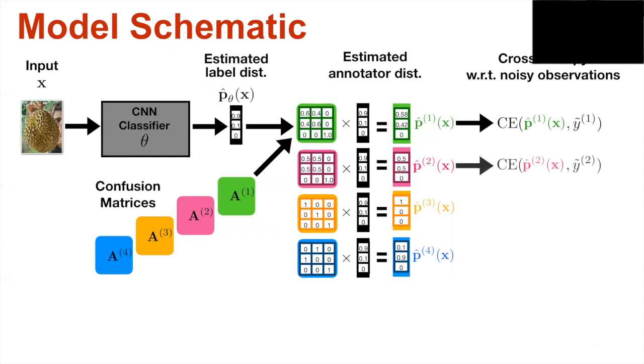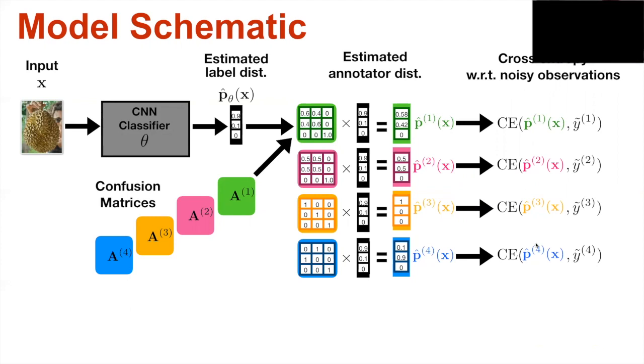In this case, Y tildes represent the set of noisy labels from the respective annotators, and P hat 1, 2, 3 and 4 represent the estimated distributions of the annotators.